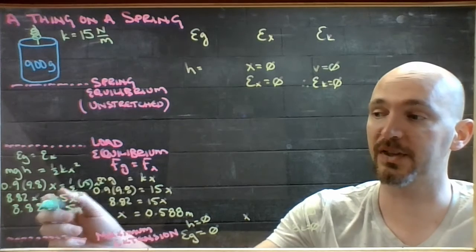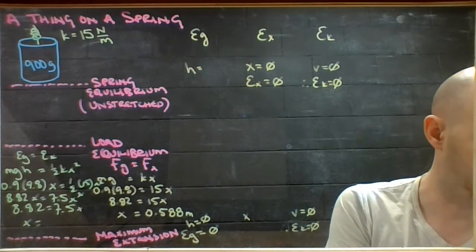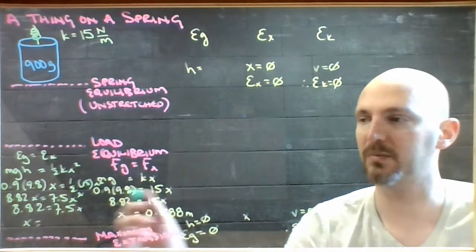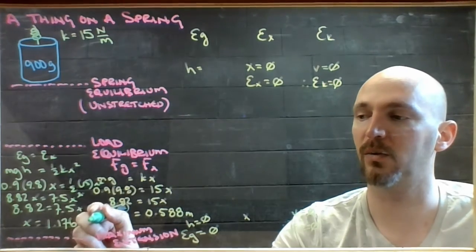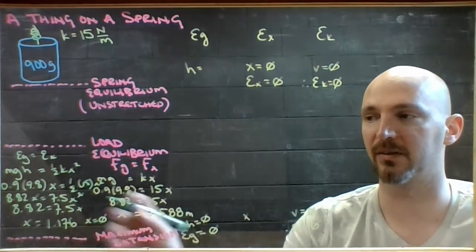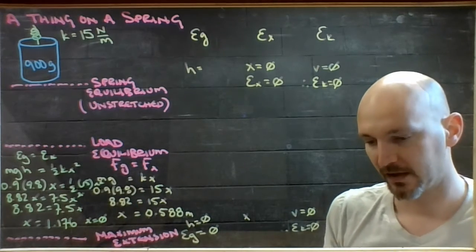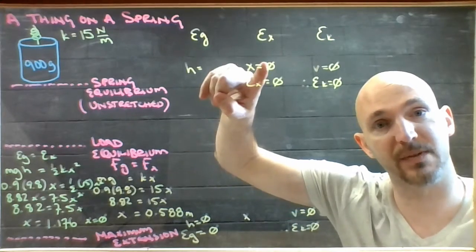And then to finish, 8.82 divided by 7.5 gives me 1.176. Or that case where x was 0, because if I can make that 0 and that 0, it zeroes everything out. Now, if you look at those numbers, up here, x was 0.